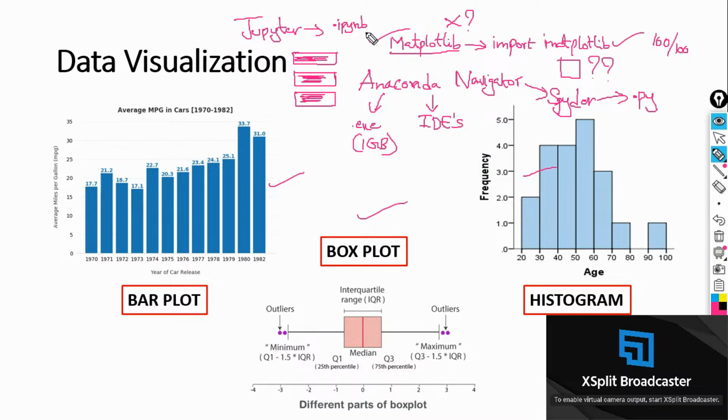So don't try to open this .ipynb script in Spyder. It does not support it. In the same way, .py in Jupyter Notebook opens, but the code will not be given as is. It will also give the code for the cells, so there will be a lot of mess. So don't try to do that. Just use the notebooks as is. Depending on the format of your file, use the right IDE. Is it clear?